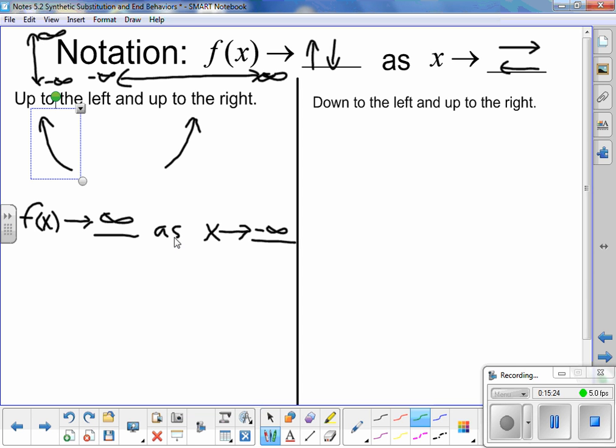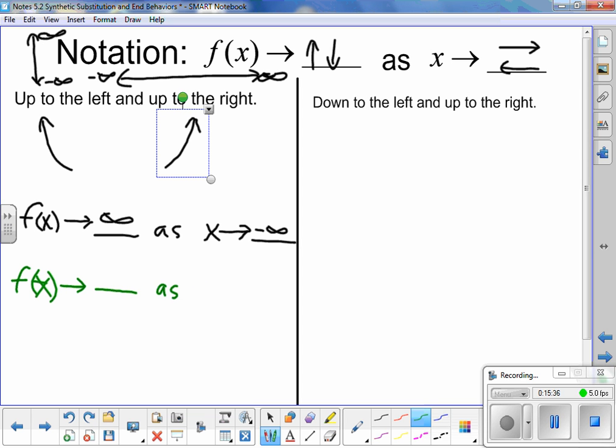Now we still have to describe the right-hand side. The right-hand side is this one. So same thing, f of x goes to something as x goes to something else. Now, once again, we're talking about the x. You can think of the x's first or the y's. I like to think about the x's first. Now I know I'm talking about the right-hand side.